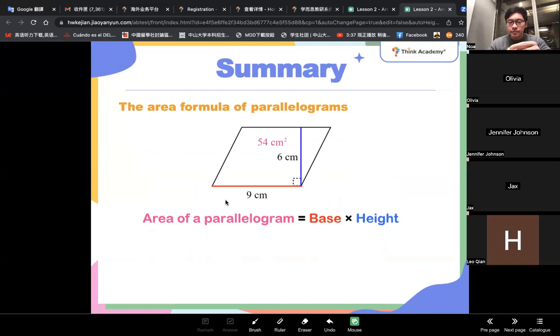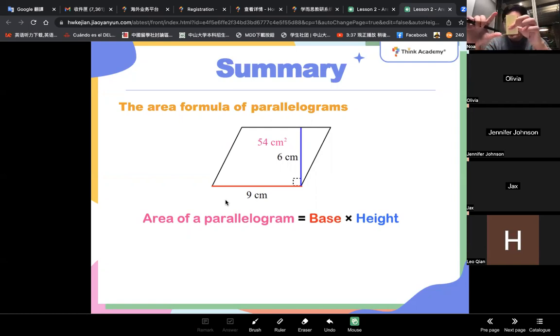Here, this is a parallelogram. We learned this before using a diagram, but I'm going to show you. If I move the triangle from the rightmost to the leftmost, we'll have a rectangle, and we know the area formula of a rectangle is the width times the length, right?